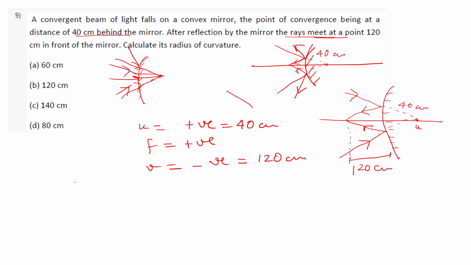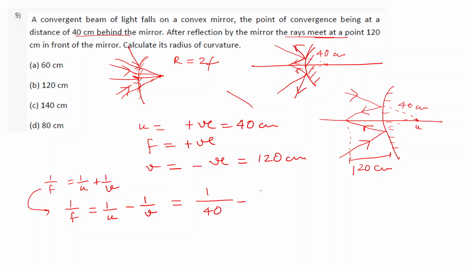To find the radius of curvature, which is 2 times the focal length, we will first find the focal length. Our formula is 1 over f equals 1 over u plus 1 over v. After sign convention it becomes 1 over f equals 1 over u, with u positive, v negative. When I substitute these values, I get 1 over 40 minus 1 over 120.